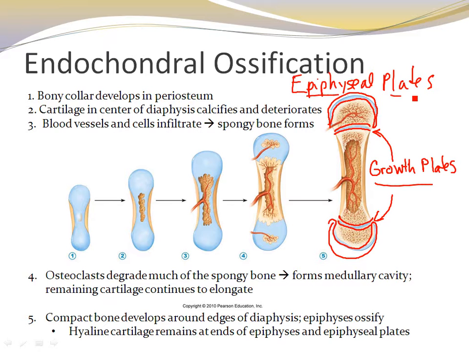So they're located right where the diaphysis and the epiphysis come together. Little strip of hyaline cartilage tissue. And I just told you that the hyaline cartilage is where cells are actually dividing and the tissue is continuing to grow. So within those little strips, you still have growth that can take place.